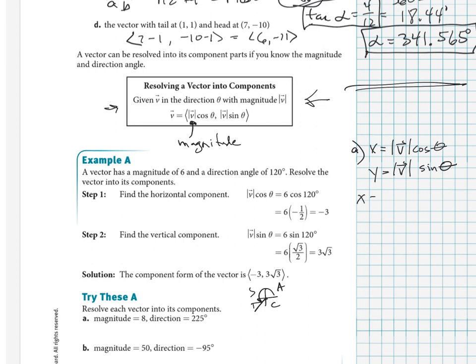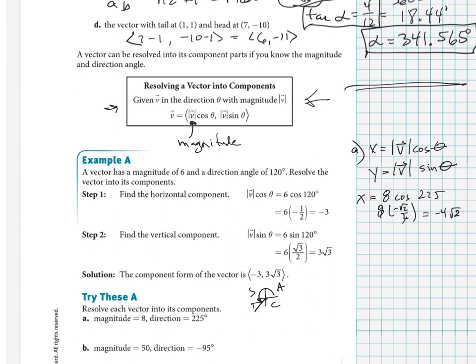So we know that x is going to equal 8, which is the magnitude, times the cosine of 225. So we have 8. The cosine of 225 is negative radical 2 over 2. And we'll reduce that. We get negative 4 radical 2.